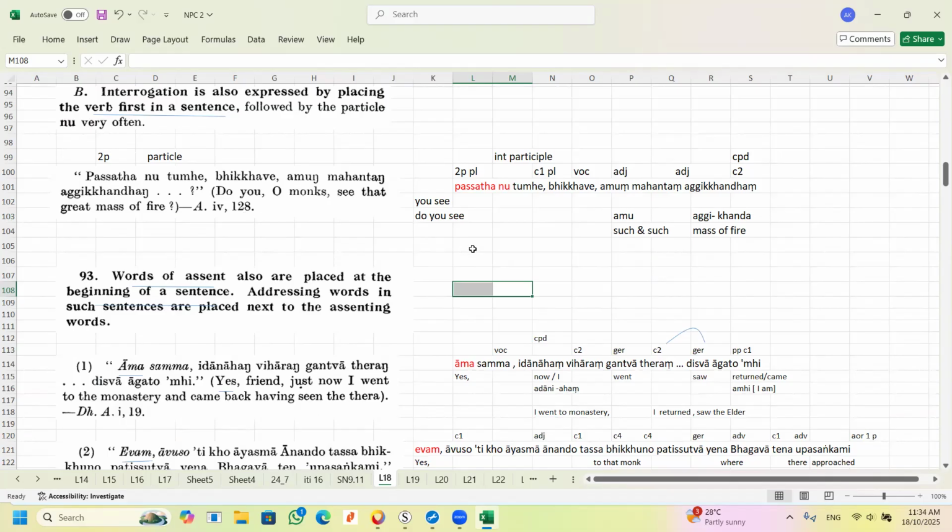Anyway, you see the structure. This is the 'do you see'. And then this is the monk here. Do you see? Okay. Then followed by, in this case, this is the DCN to this. That a great mass of fire, kanda.